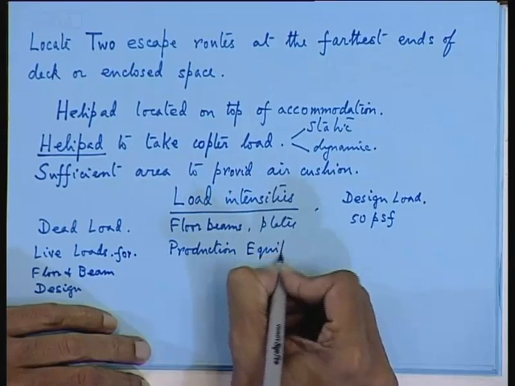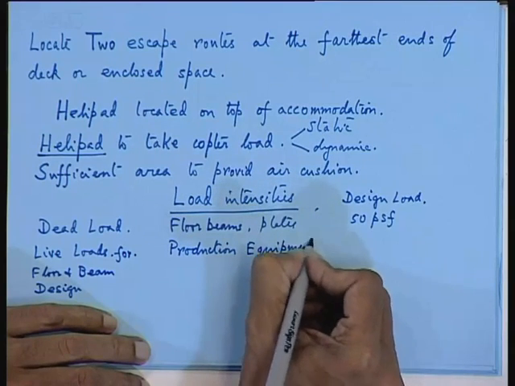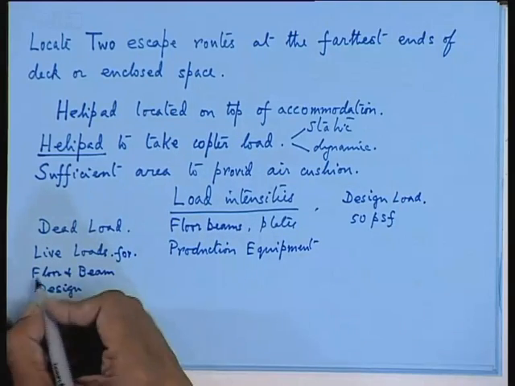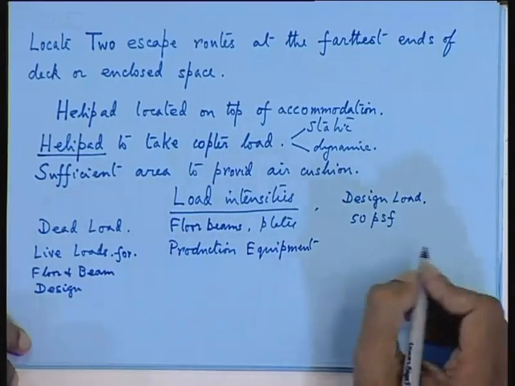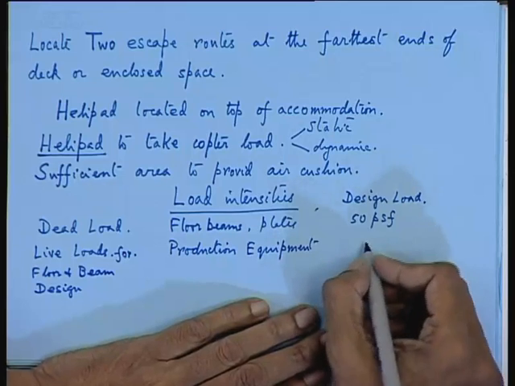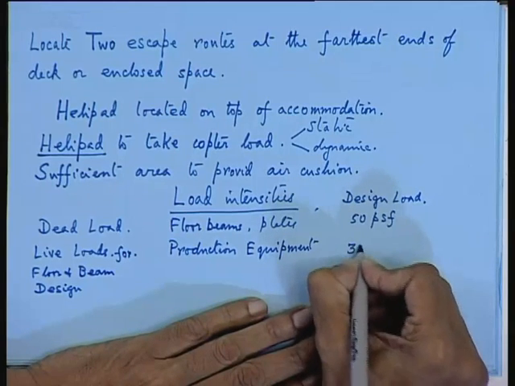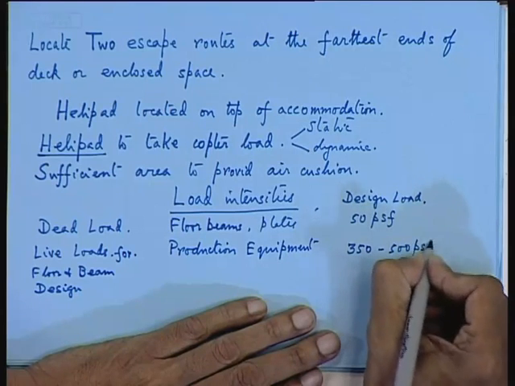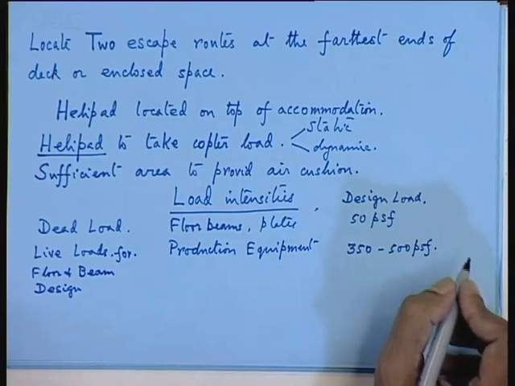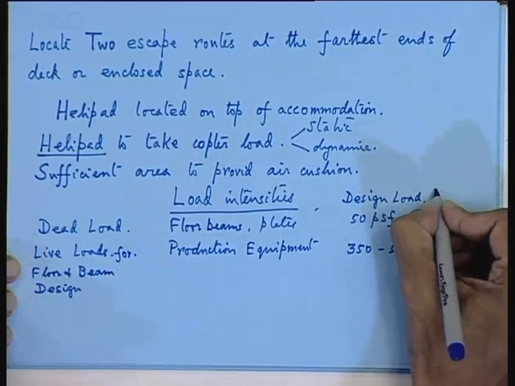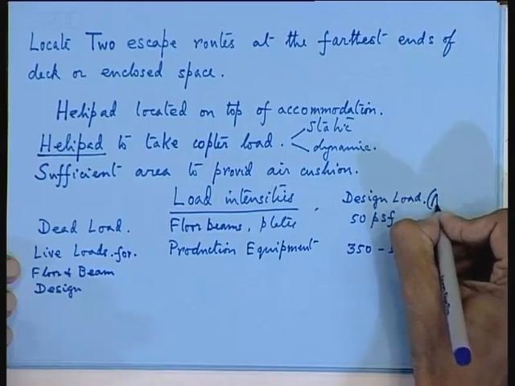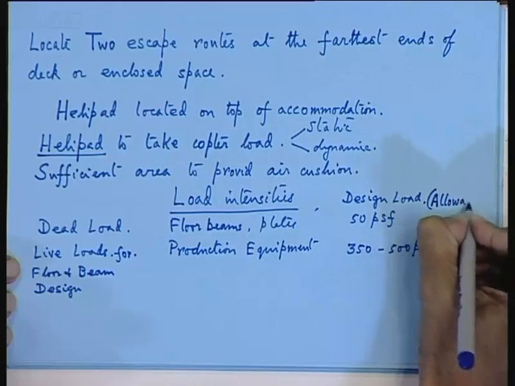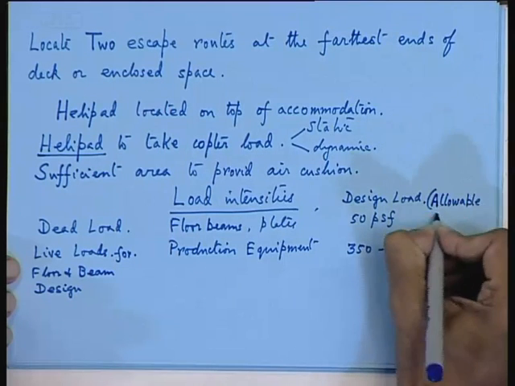So, they have rotating machinery which gives you vibratory loads. If the live loads are located on top of these floors and beams, they are to be designed for, you just see, this is for 350 to 500 pounds per square inch. So, these are the design loads, or sometimes this is called allowable stress.